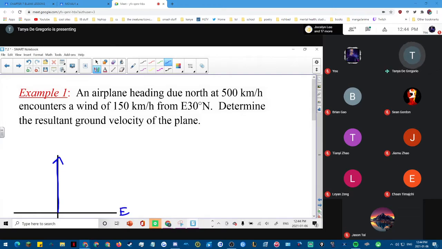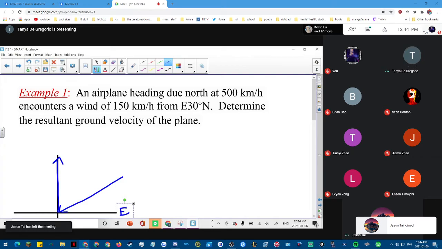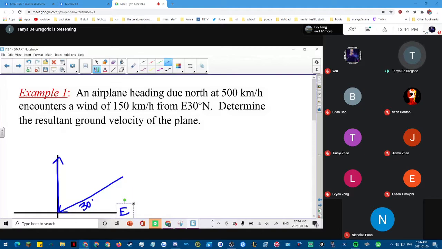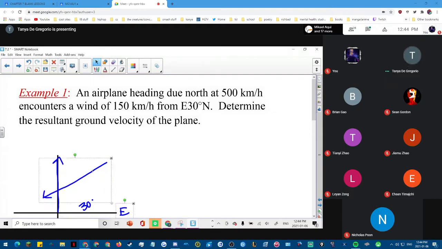So I want to go towards the north 30 degrees. And it's coming from this direction. So my arrow's like this. Now, these are vectors, so what I need to do is displace it in order to get a resultant. So I need to take this and put it here, right? To create the resultant. Okay.